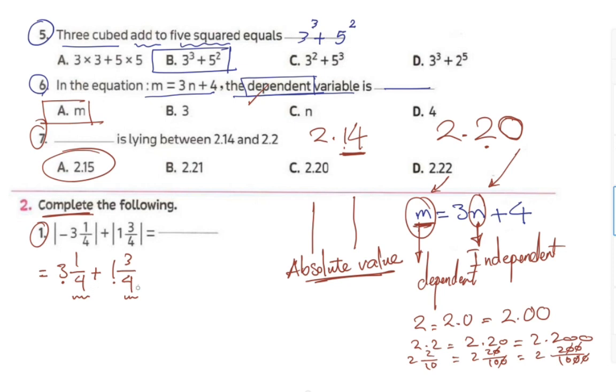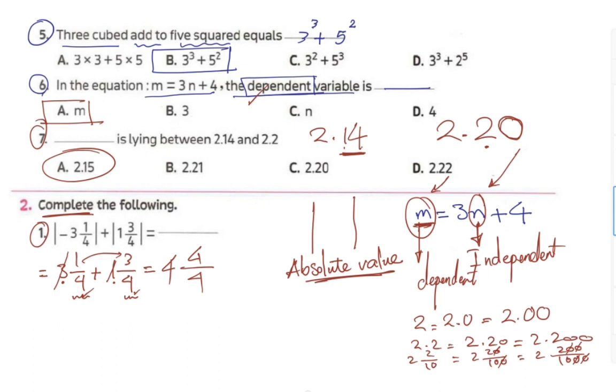The fractions must have the same denominator, like denominators. We have here 4 and 4, so I can add them. Now I will add the whole numbers 3 and 1, that equals 4, and the two fractions with like denominator 4, add the numerators, we have also 4.